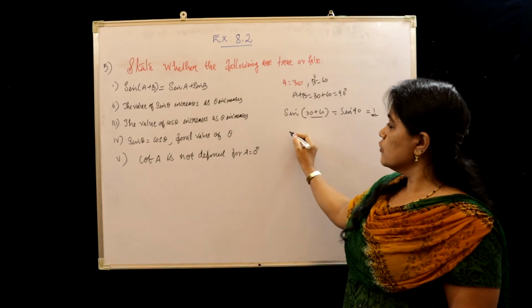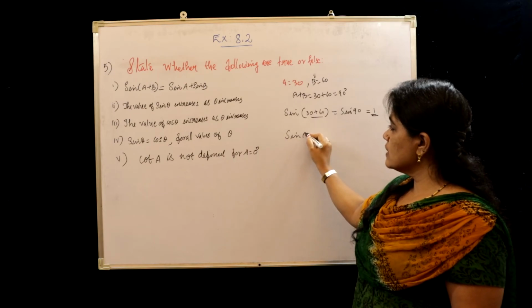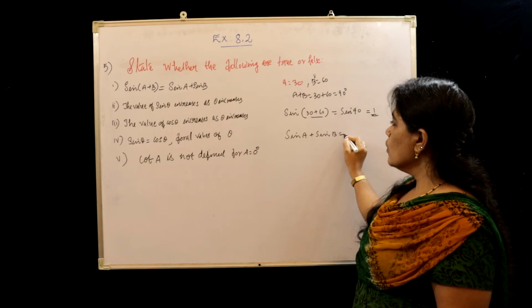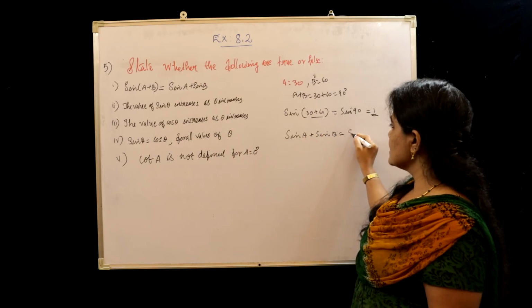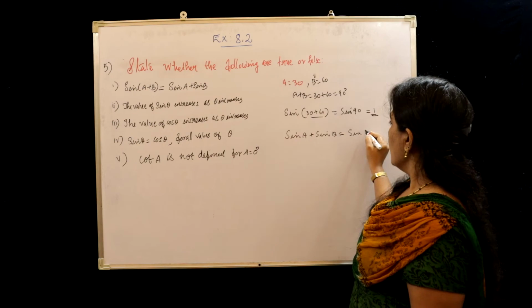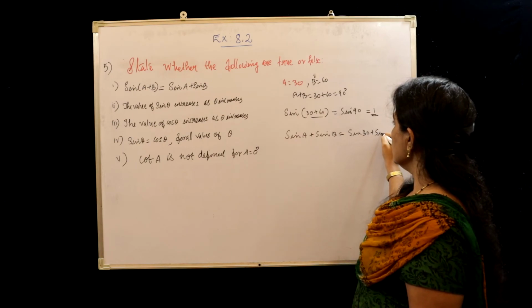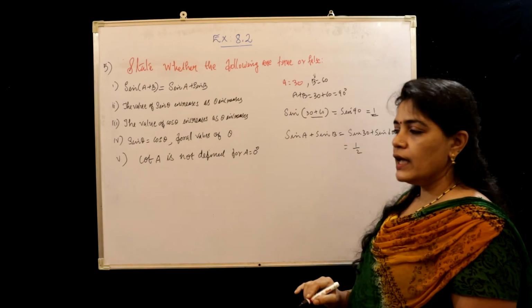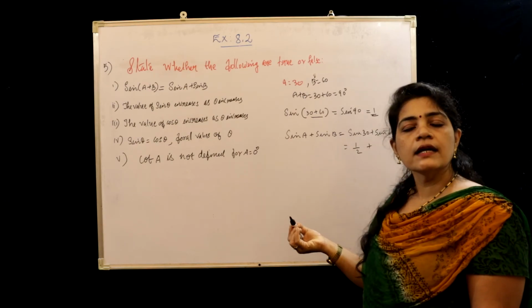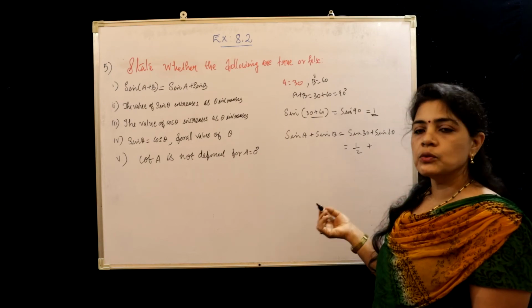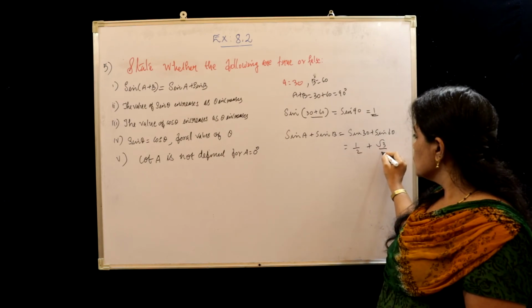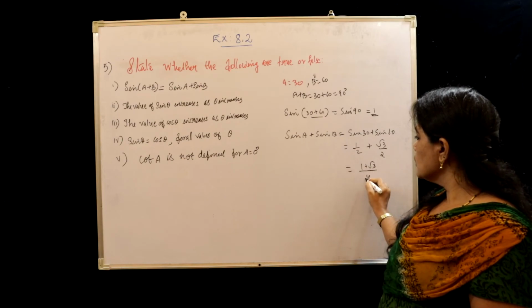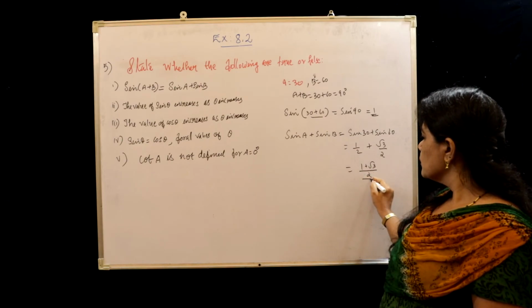And we can substitute for the LHS, it is given sine A plus sine B. In place of A you can write sine 30, plus sine 60. What is sine 30? 1 by 2. And what is sine 60, children? Root 3 by 2. You will be getting 1 plus root 3 divided by 2.